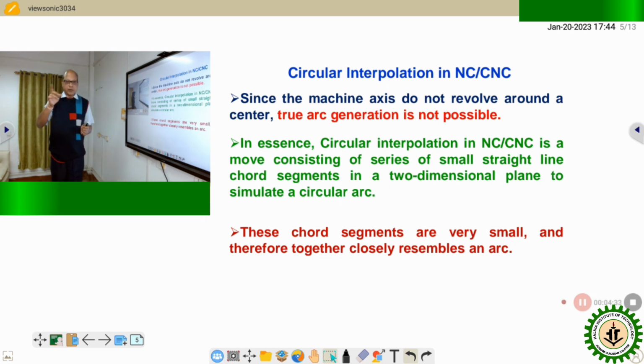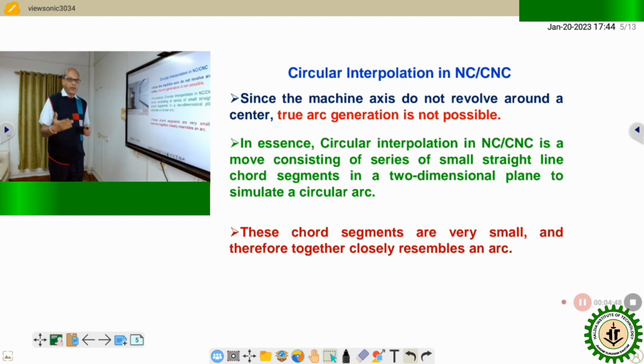So the entire circular arc which we require to be generated is broken down into small straight line chords along which the tool path will be generated.